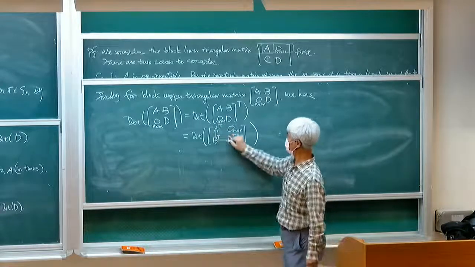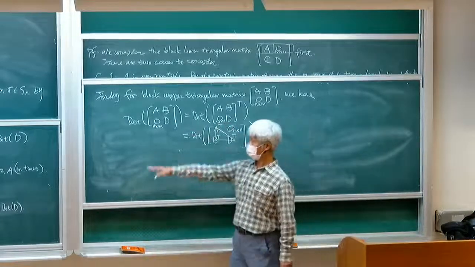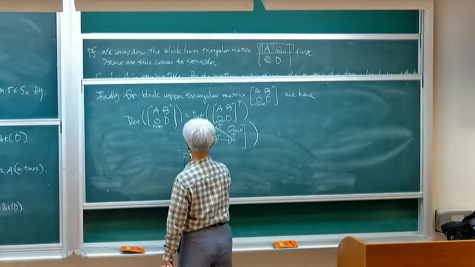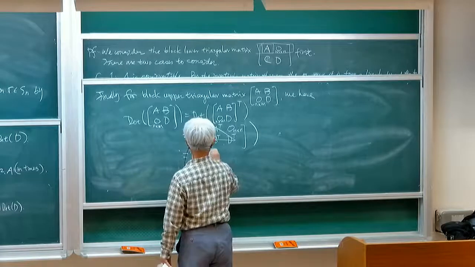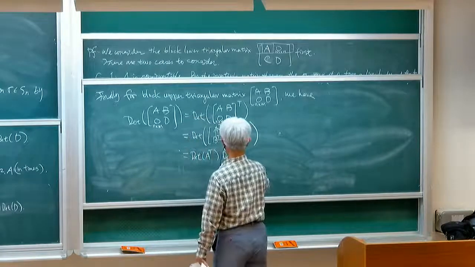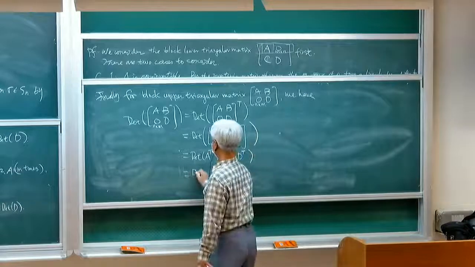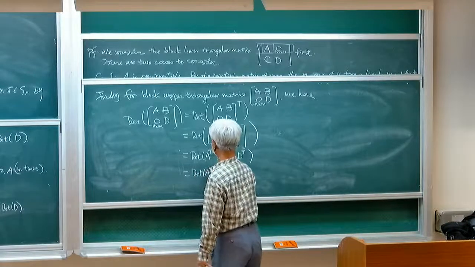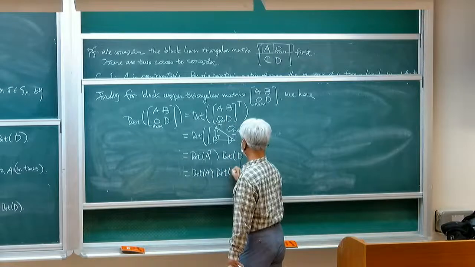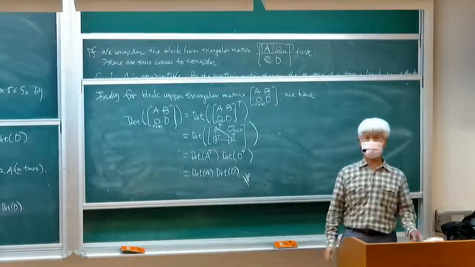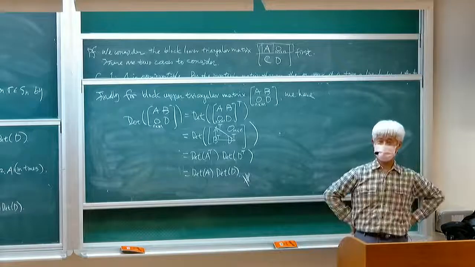Now we have a lower triangular one, and we have just shown the result for it: the determinant of A transpose times the determinant of D transpose. Once again, the determinant of A transpose is equal to the determinant of A, and the determinant of D transpose is equal to the determinant of D, and we have done. Okay, so that finishes the proof.